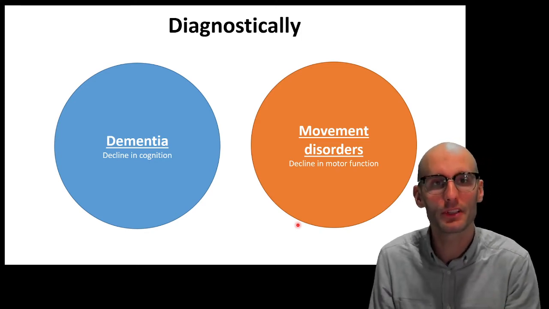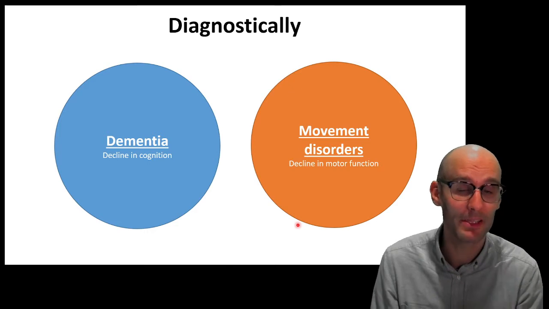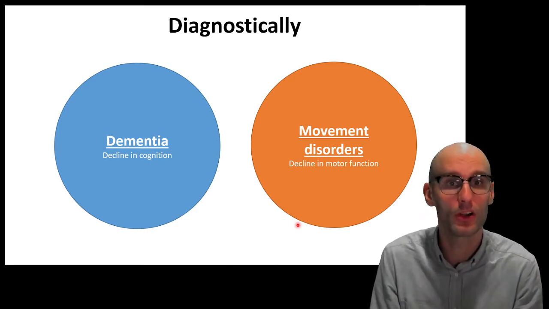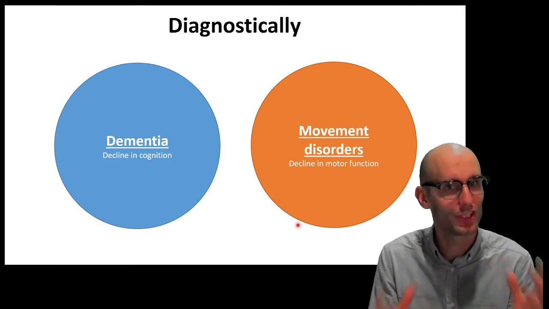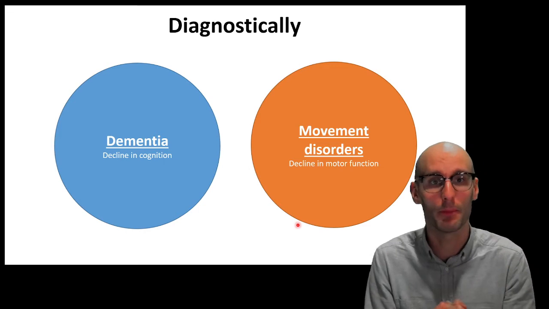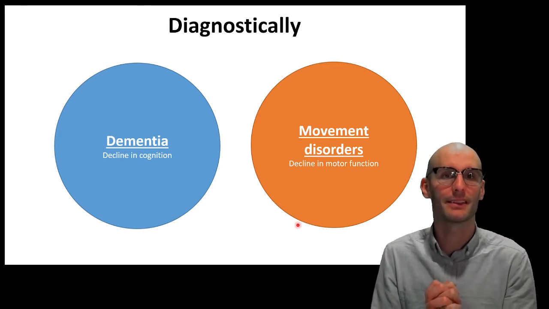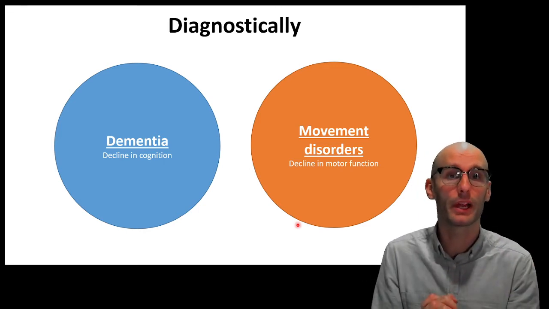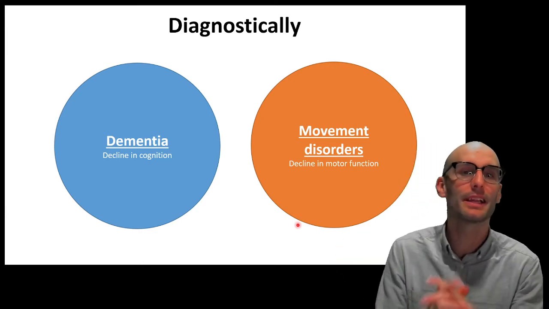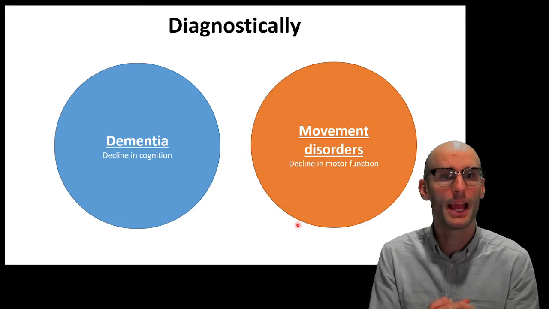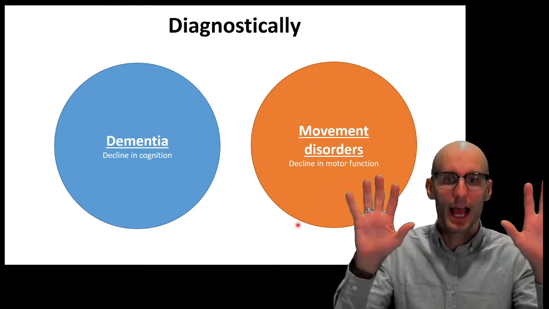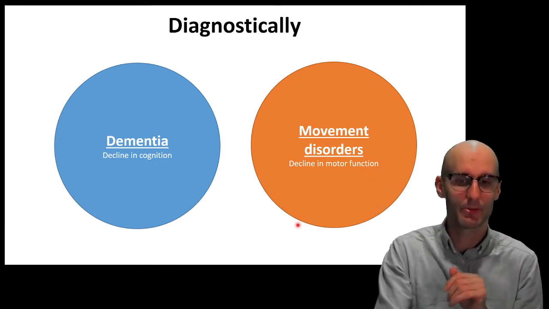One is motor neuron disease, which Stephen Hawking famously has, and another one is Parkinson's disease, which Michael J. Fox, the wonderful actor and charity organizer, and the things he's done for research is amazing, the wonderful human being Michael J. Fox has. But as we can see with both Stephen Hawking and Michael J. Fox, they don't have a decline in their cognitive abilities. They've got decline in their movement. And that's why they're called movement disorders. So separately, diagnostically, we consider these separate diseases.